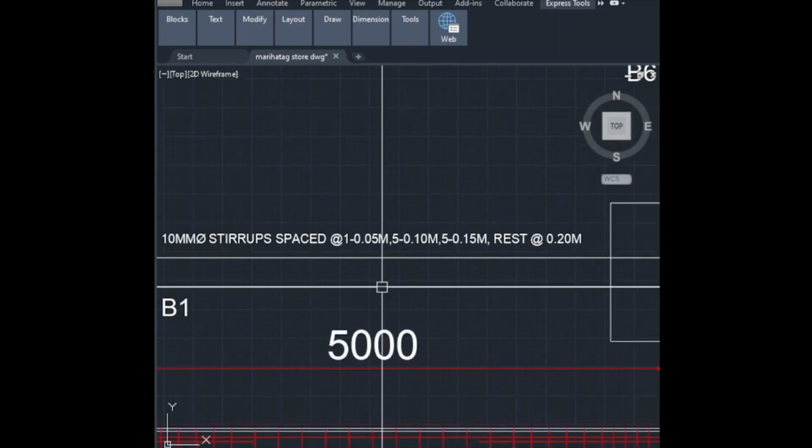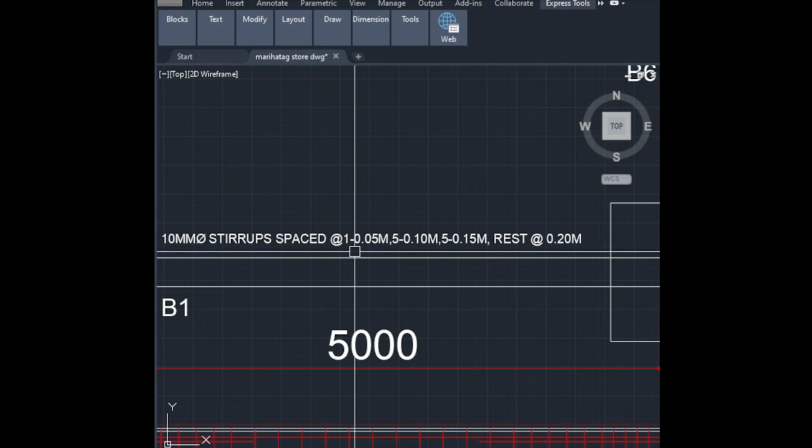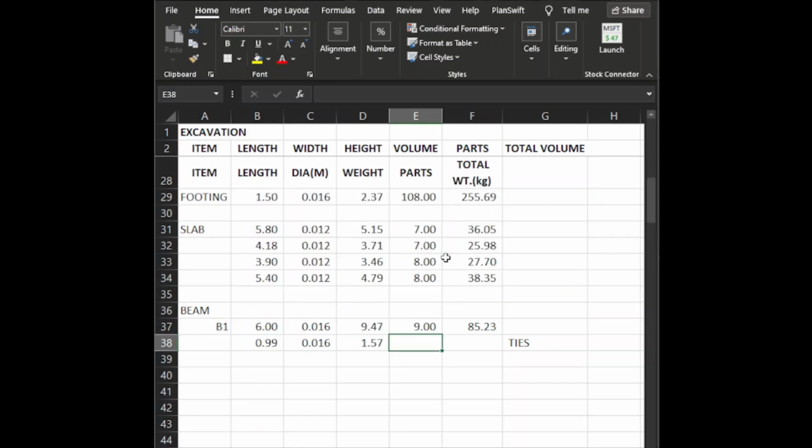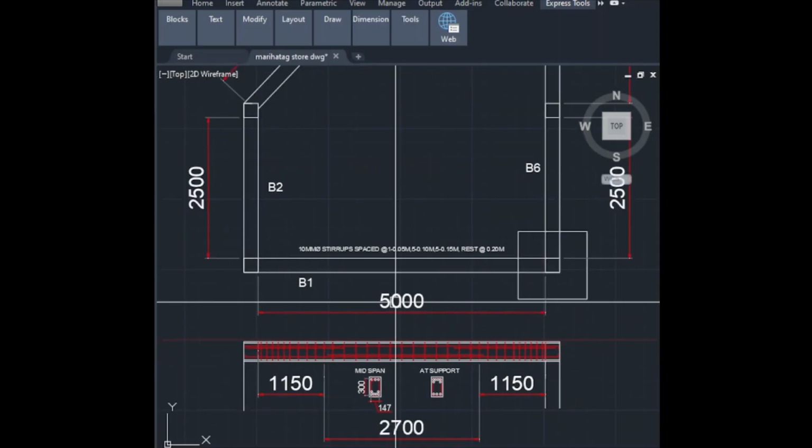So for this one, 1 plus 5 plus 5 is 11. So both sides we have 11 times 2, then plus, wait, 11 plus 11 times 2 plus, guys, we will just make a formula for that so that we can just follow it afterwards.